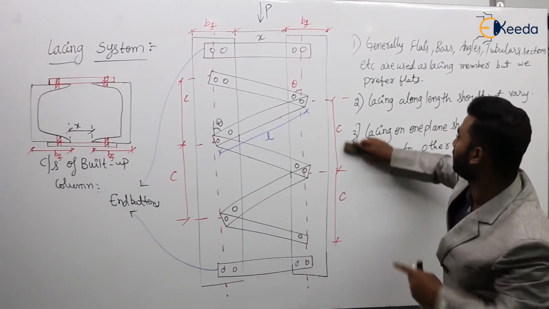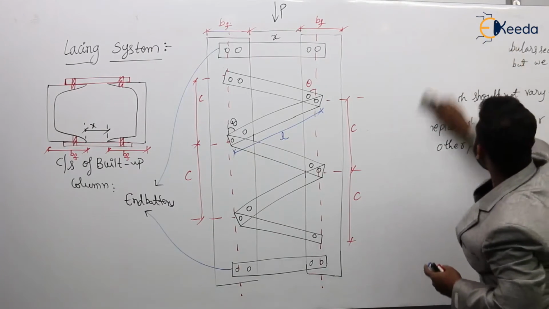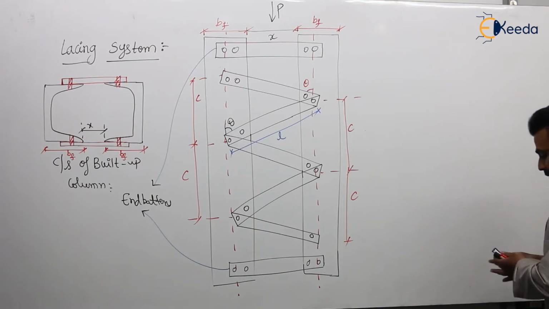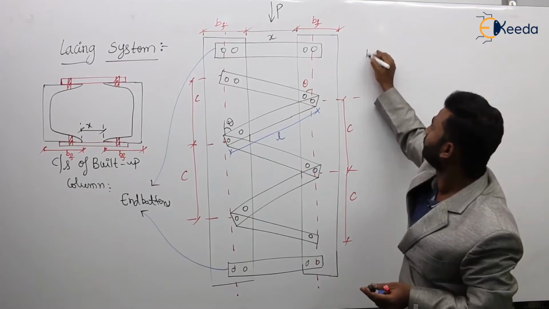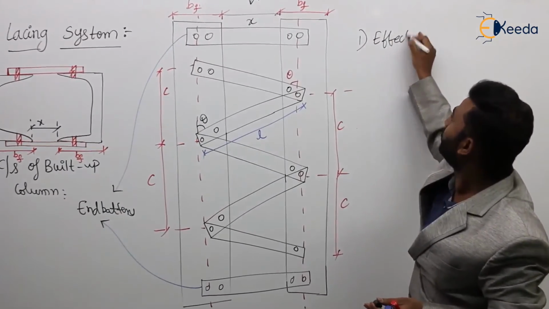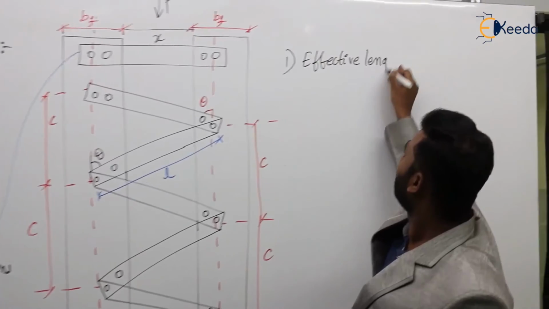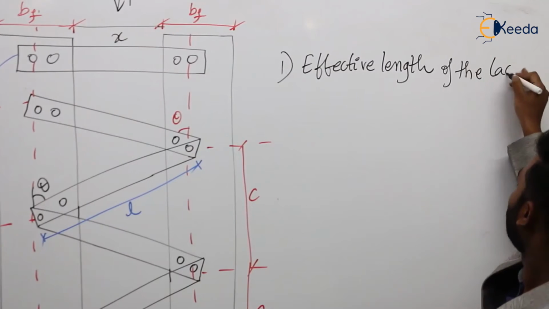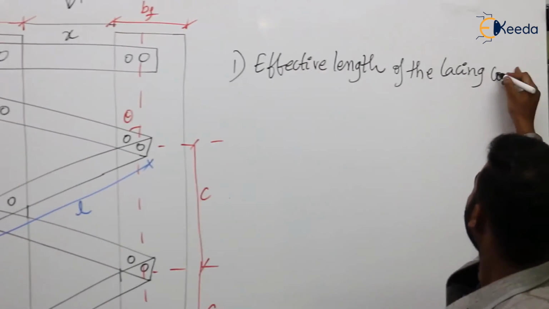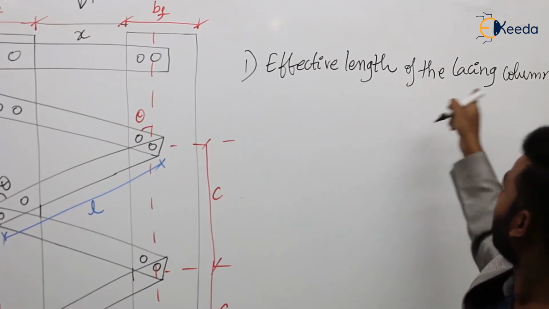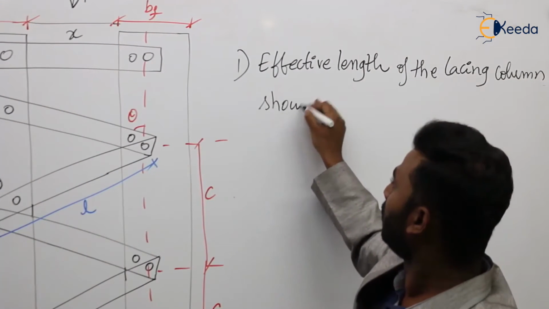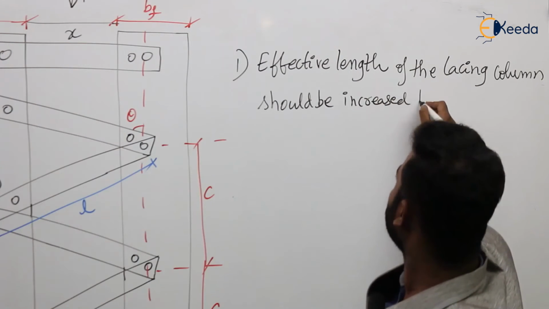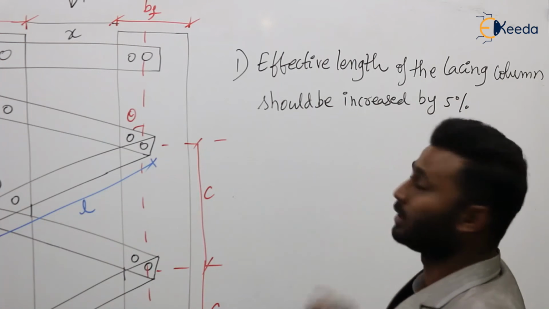So first provision: the effective length of the lacing column should be increased by 5%. What is the meaning of it?